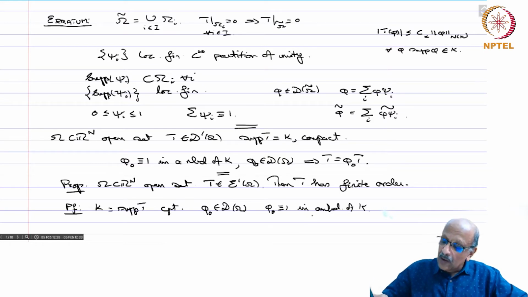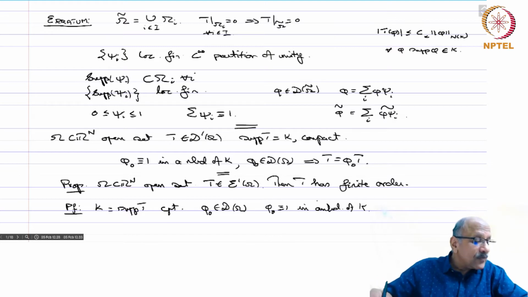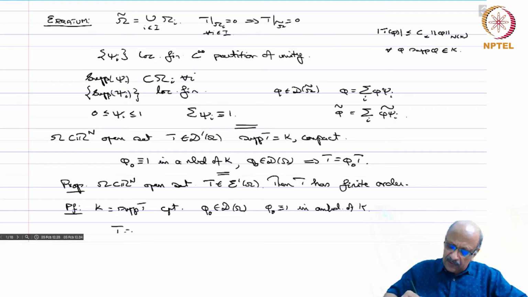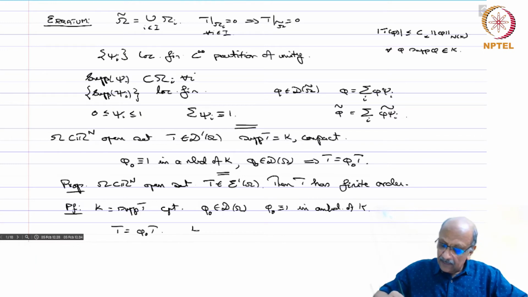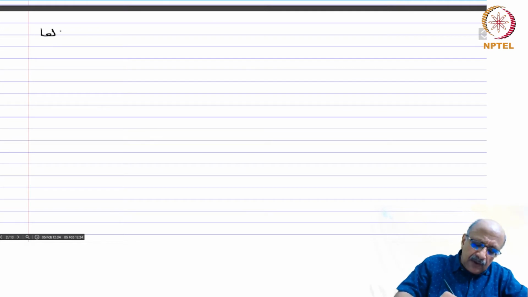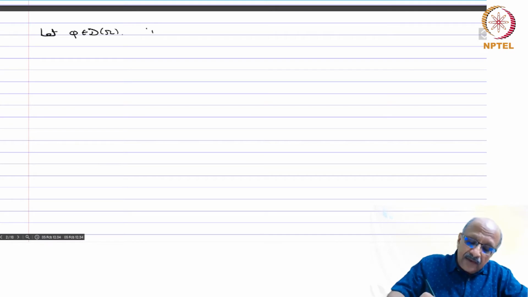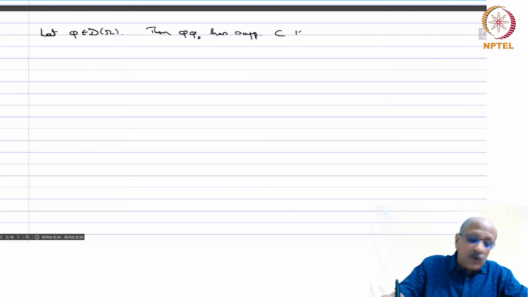So you can always choose φ_0 to be 1 in a neighborhood of K. Then of course T equals φ_0 T. Let K1 be the support of φ_0. Now let φ belong to D(Ω). Then φ_0 φ has support contained in K1.